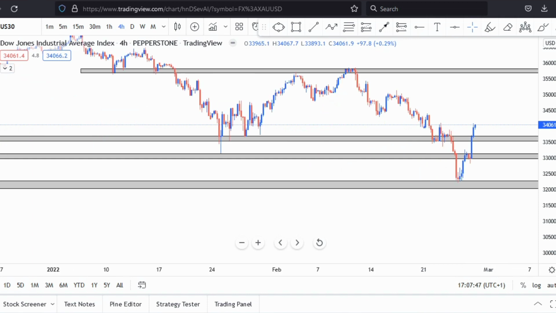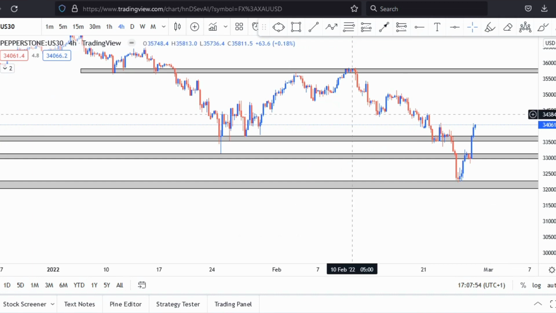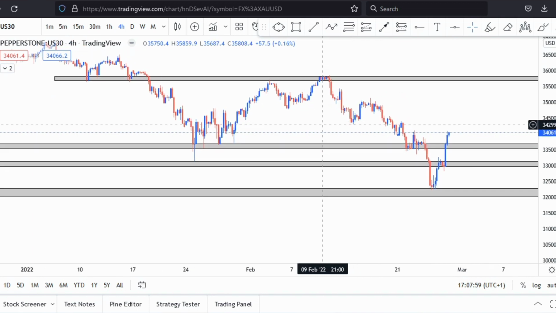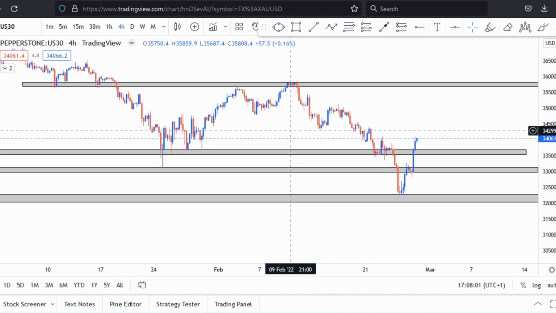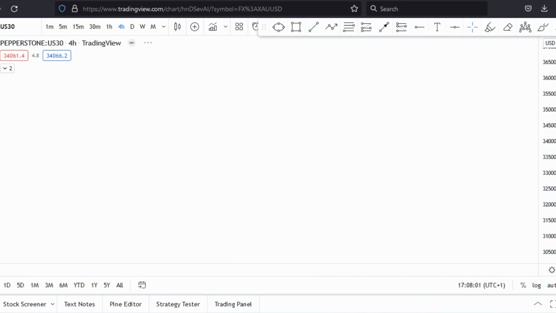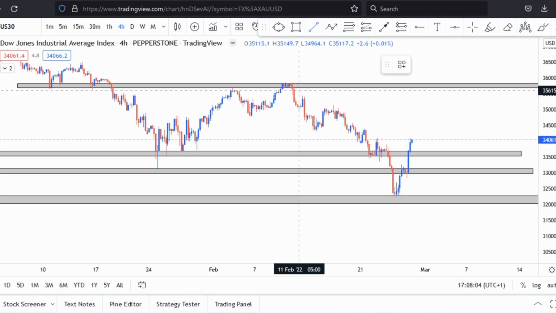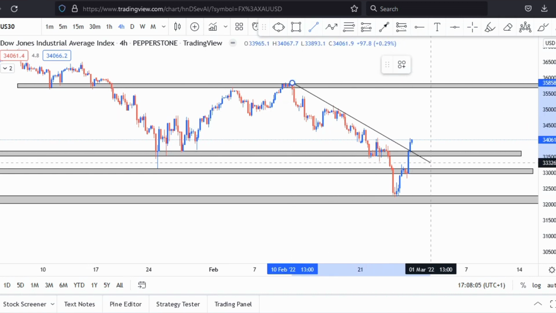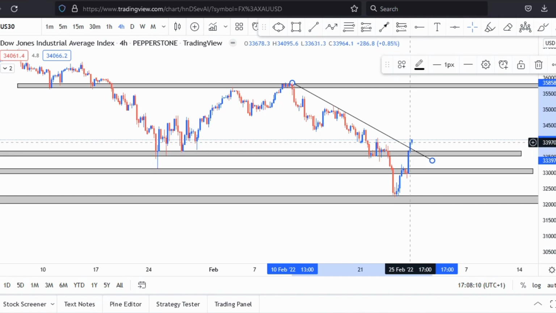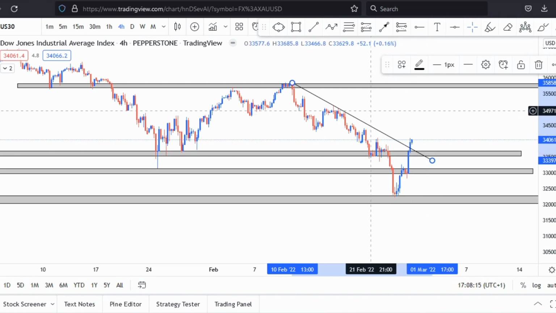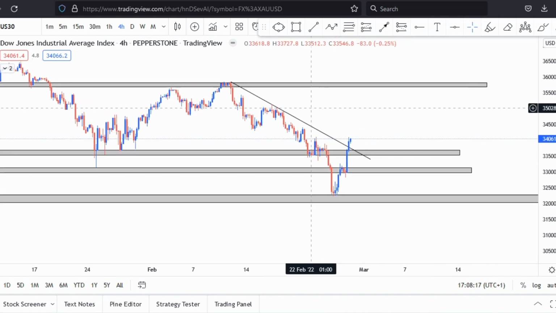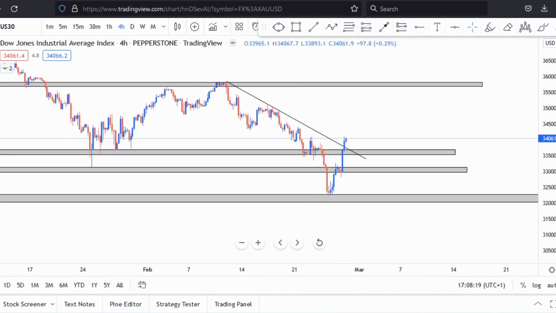Then we can also draw our trend line, because once we draw it, we'll see that price has broken that trend line. So we get our trend line here, and we can see that we've gotten the trend line break, and price closed above the trend line and is starting to move to the upside. So that's also another good indication of a buy trade.